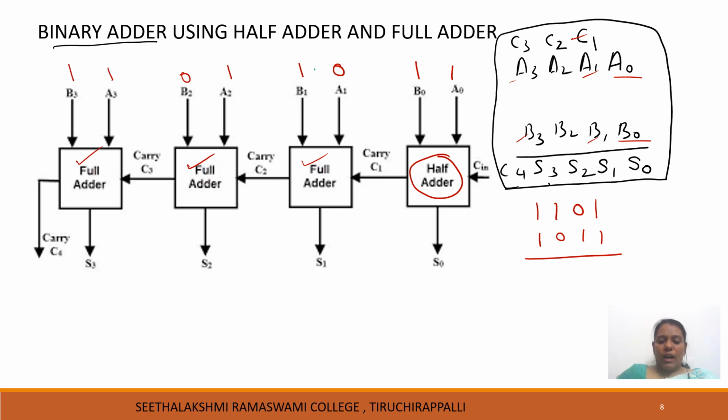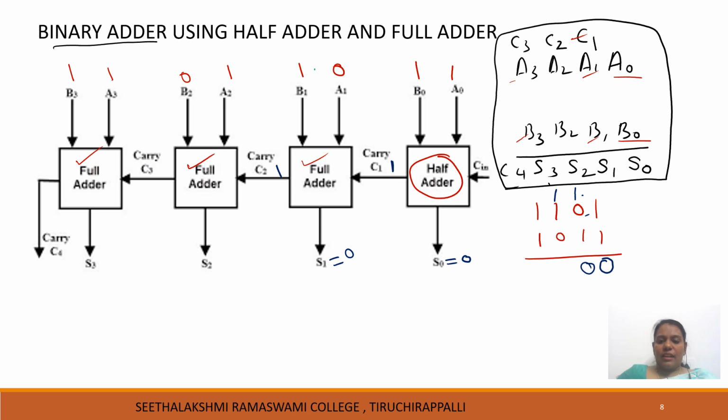So when you add the first two numbers 1 and 1, you'll get a sum equal to 0 and carry will be equal to 1. So this 1 goes as input to the next full adder. So 1 plus 0 plus 1 is again 0 and 1. So here the sum is equal to 0, carry is equal to 1.